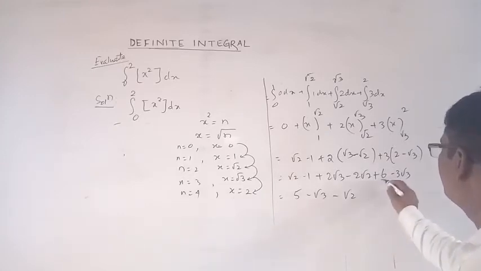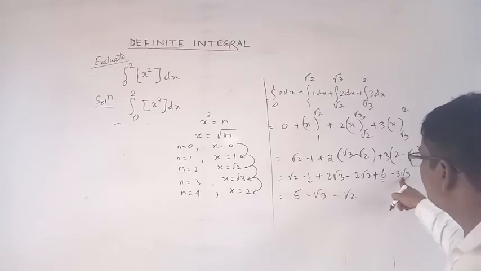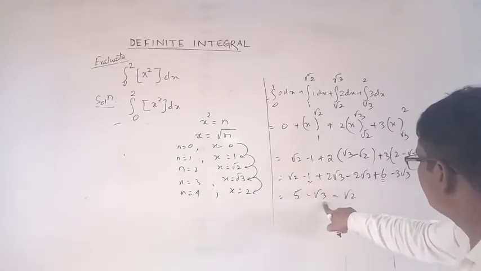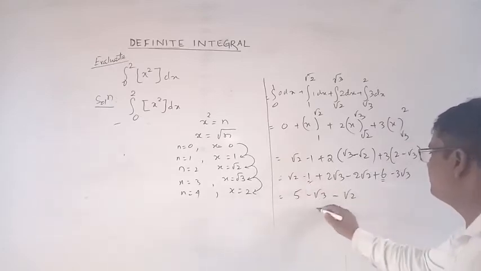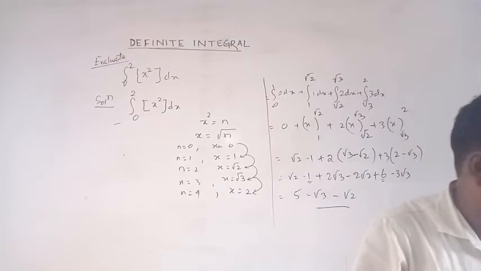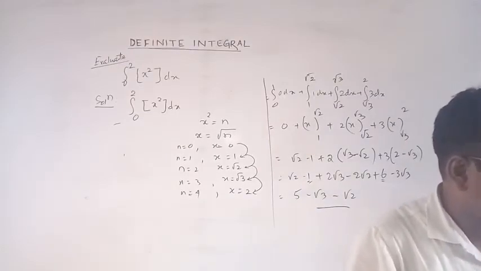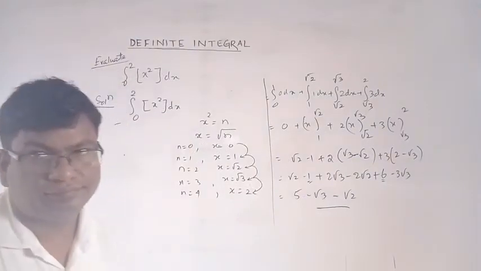So this is 5, and 3√3 plus 2√3 minus √3, minus 2√2 plus √2. This is the answer.